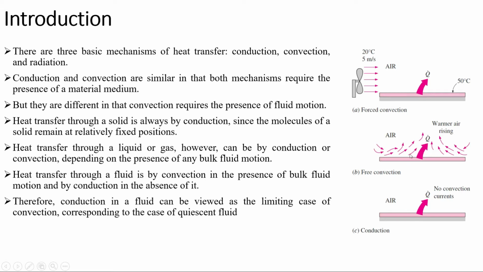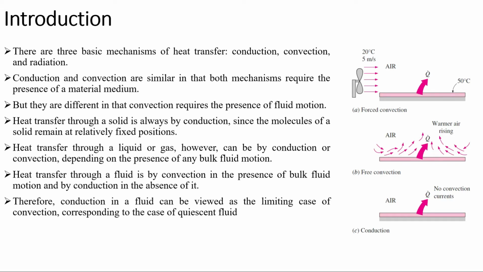If there is free convection, without inclusion of any external device, that is natural convection. And if there is no convection current, then there will be no convection. The heat transfer will be purely conduction if there is no convection. So convection is basically conduction plus bulk fluid motion.